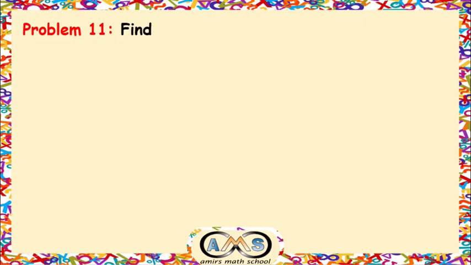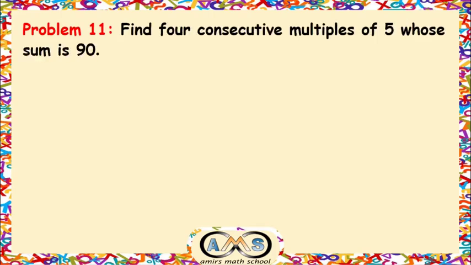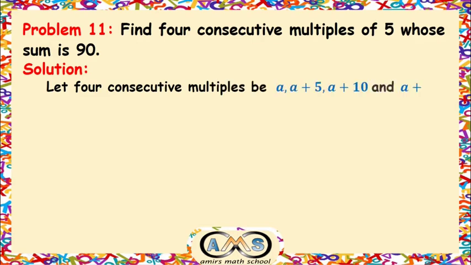Now problem number 11. Find 4 consecutive multiples of 5 whose sum is 90. The solution is, let the 4 consecutive multiples be a, a plus 5, a plus 10 and a plus 15. We know if a is a multiple of 5, then we get the next multiple of 5 by adding 5 to this a.